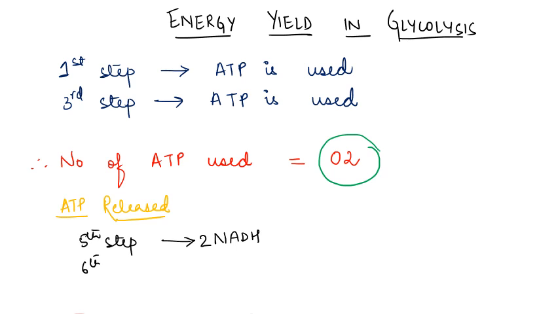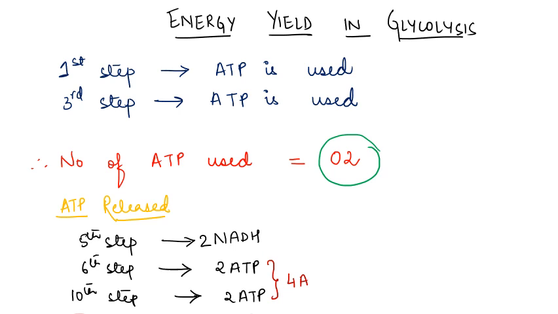In the sixth step, there is a release of ATP. How many? 2 molecules of ATP, right? And in the 10th step, again 2 molecules of ATP, right? So if we calculate directly in the form of ATP, if you combine these two, there are 4 ATP, right?